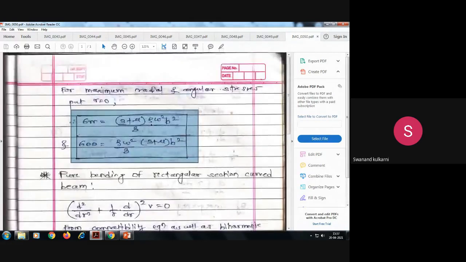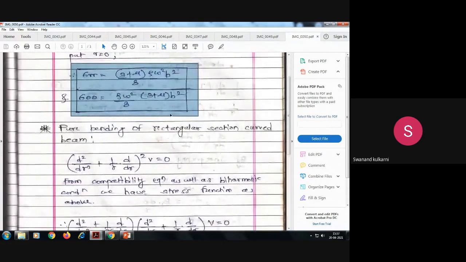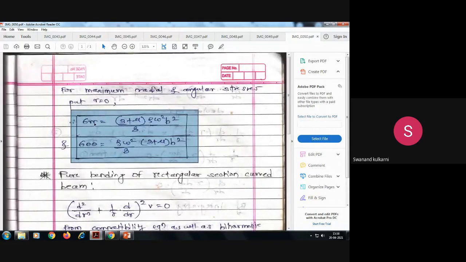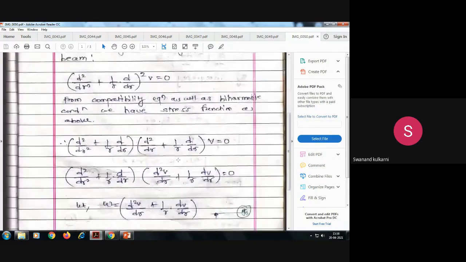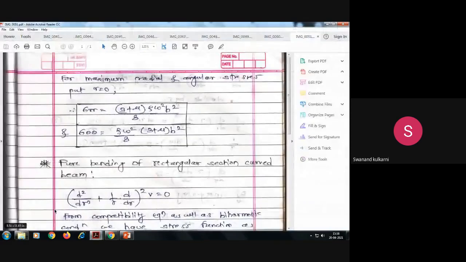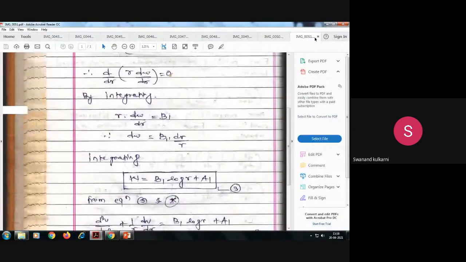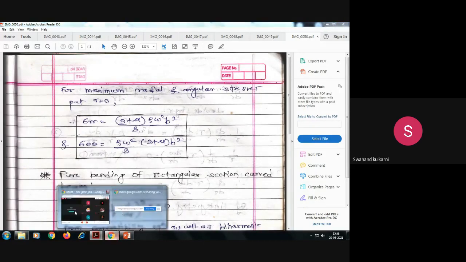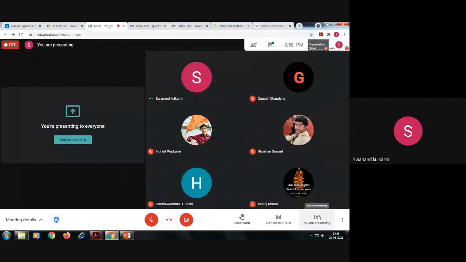In this case, we can see how the stresses in rotating disks are identified. Like this, you will come to know how to identify the stresses in a rotating disk. So anybody, any doubt? Anybody, any doubt?